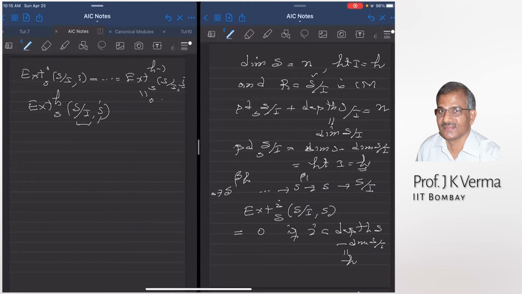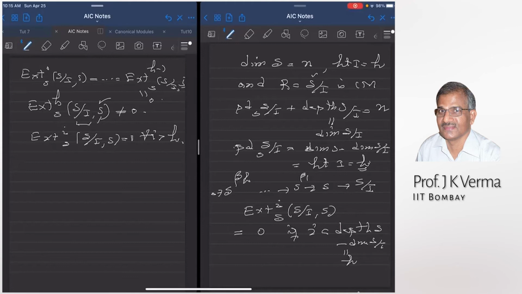On the second module, the annihilator of S mod I contains a regular sequence of length H. So this is non-zero. But the later Ext's are 0. This is 0 for all i bigger than H. Do you see that?